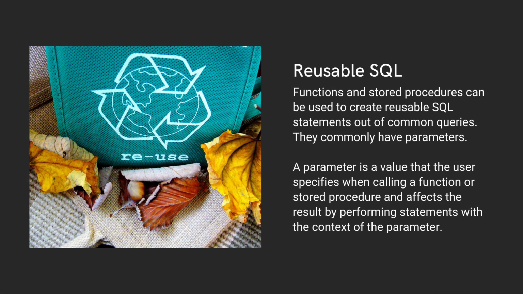So that's really useful in Reusable SQL, and I'm going to teach you a bit more about Reusable SQL right now. So basically, when you're writing Reusable SQL, you'll be writing it in either a function or a stored proc, and they can be used to create reusable SQL statements out of common queries, and they commonly have parameters passed to them so that they can perform different actions depending on what is actually passed to them.